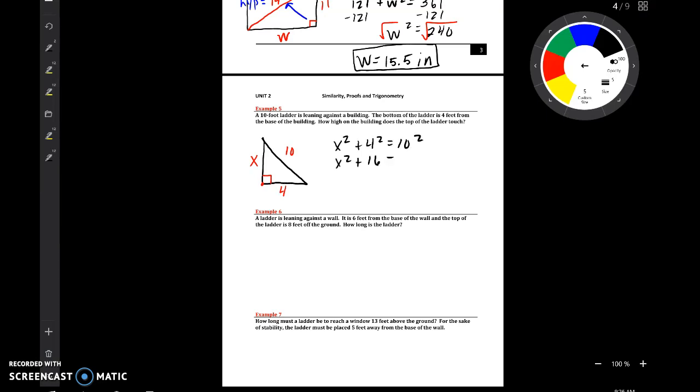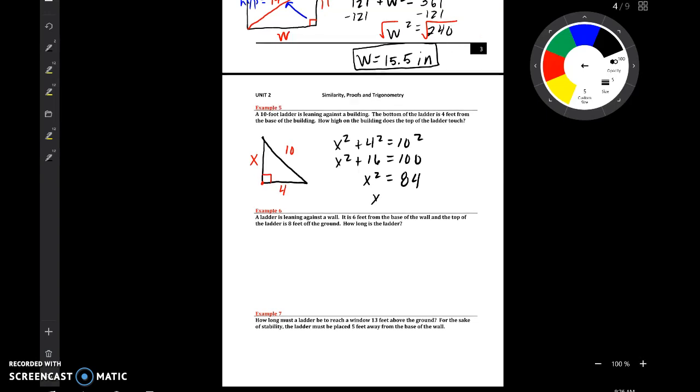X squared plus 16 equals 100. Subtracting 16 from both sides, so it's actually the same value as the first example we did. So the ladder is 9.2 feet up the side of the building.